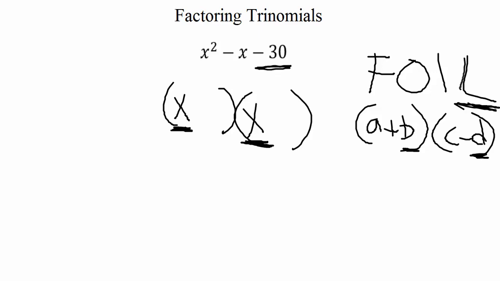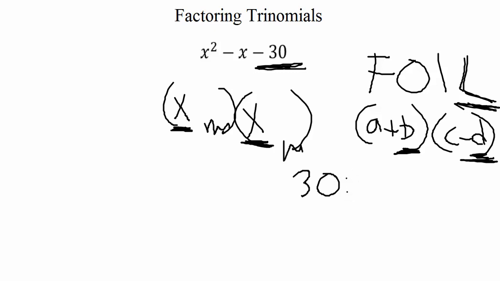Then after figuring out our first two terms, we take a look at our last term. This L, this last, we get from multiplying the two last terms together. So to figure out what goes in those spots, we need to look at the last term of our trinomial, which is a 30. So we need to think, what times what is going to give us a 30?